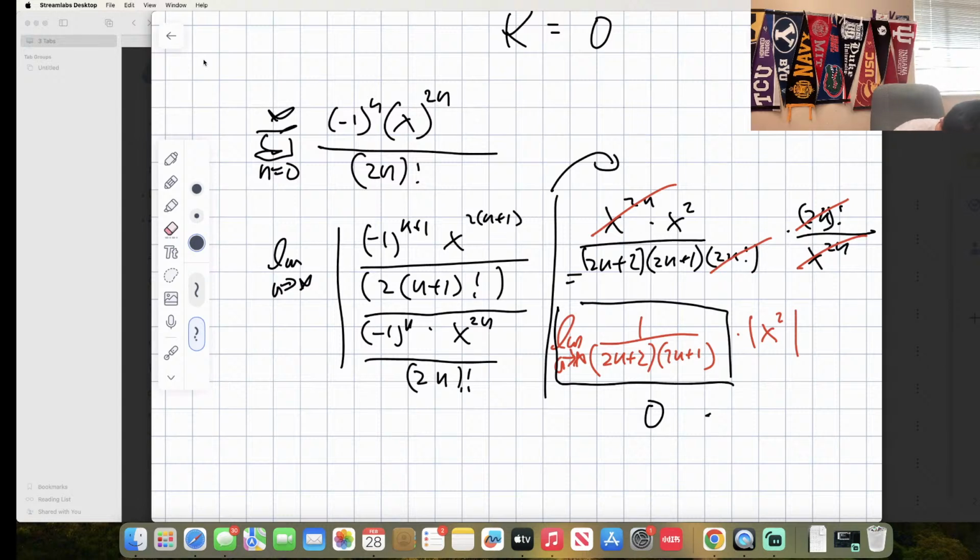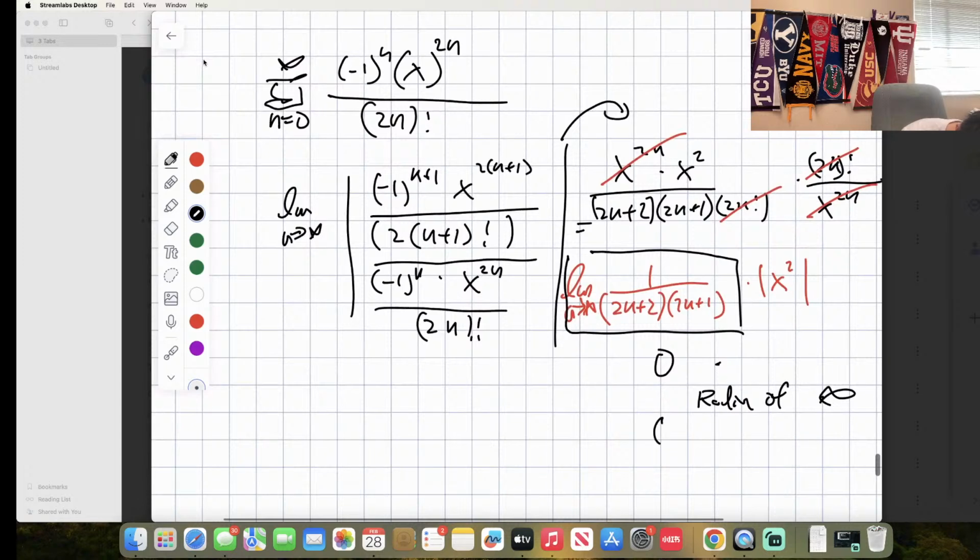Okay, so the radius of convergence is going to be infinity, right? So it's going to work from negative infinity to infinity, because it doesn't matter what value you plug in, it's divided by the bottom's infinity, and so it's going to 0.